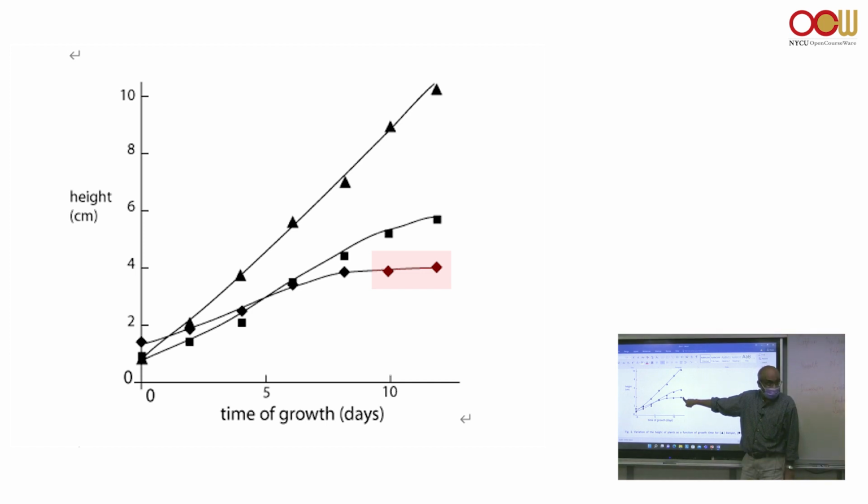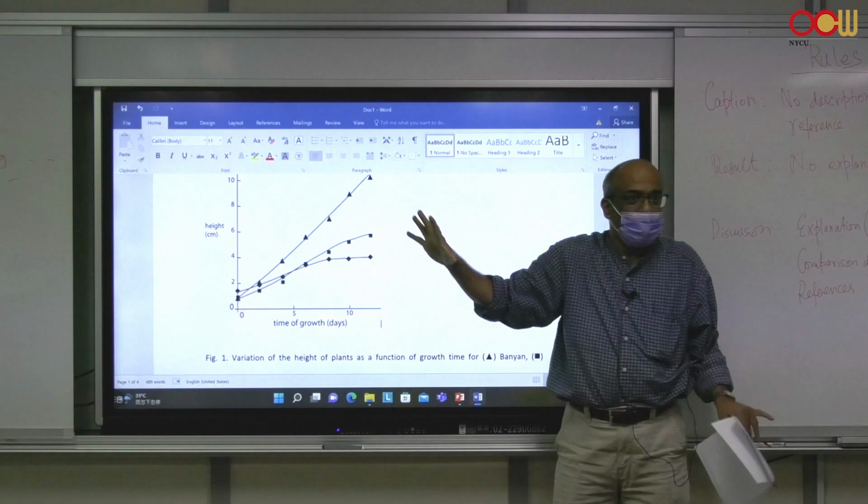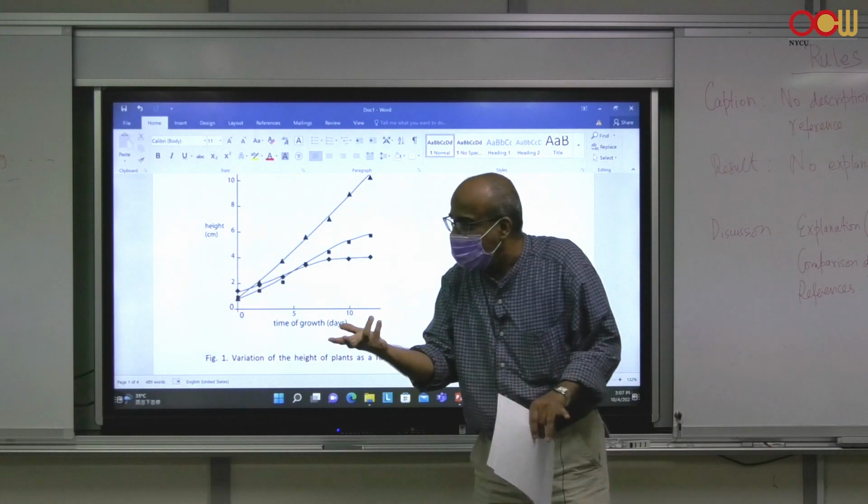So I think this is very interesting, that initially on day 0 it was tallest, but after 10 days it is the shortest. So I bring in this contrast, and that banyan probably started the smallest and ended up being the tallest. So this is how I make the data more interesting.